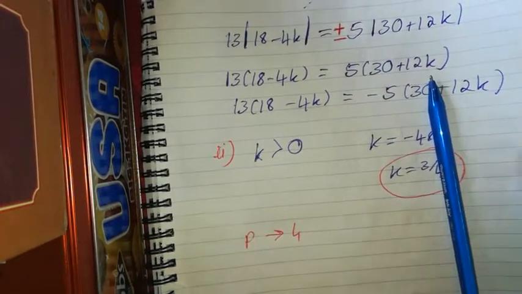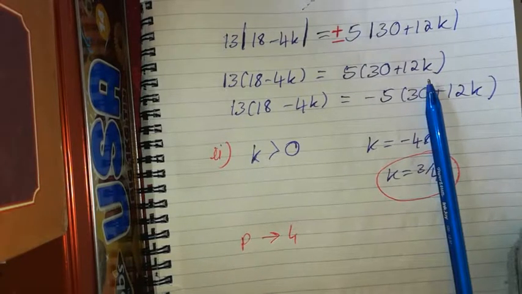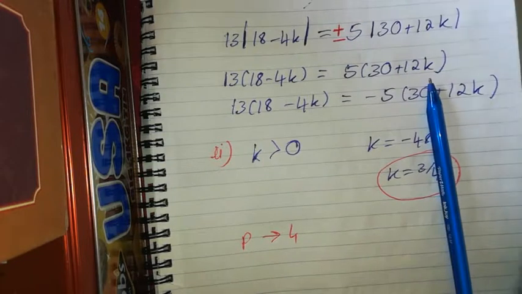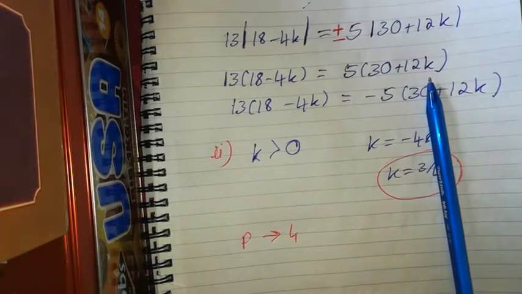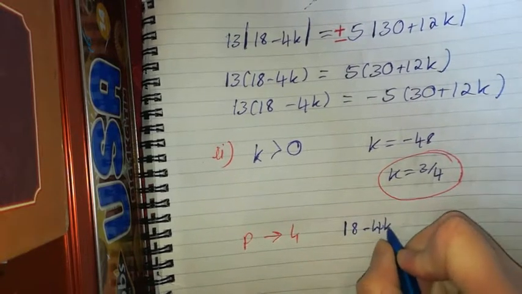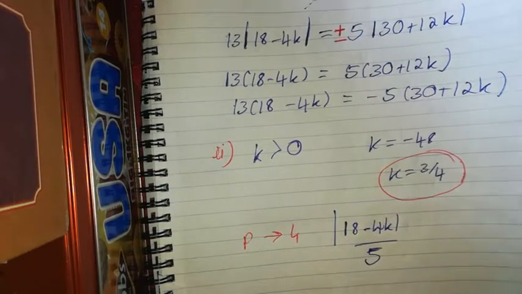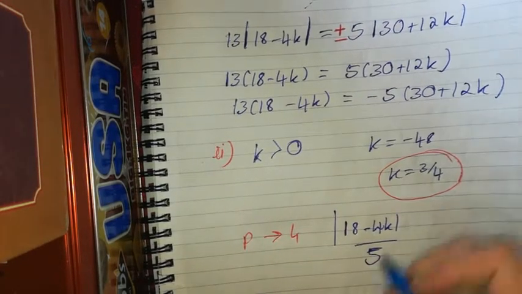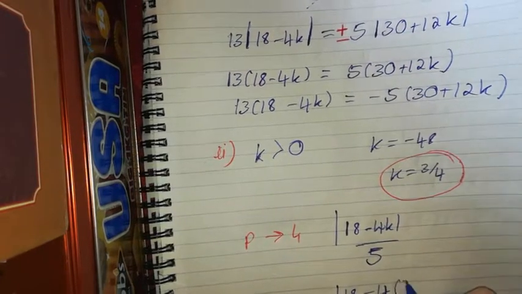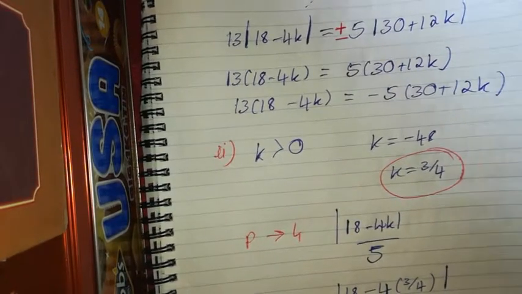We're asked to get now the distance from P to L1, which we got in the previous part. It was the modulus of 18 minus 4k, over 5, and we're saying that k is equal to a quarter. So it'd be the modulus of 18 minus 4 by a quarter, over 5.